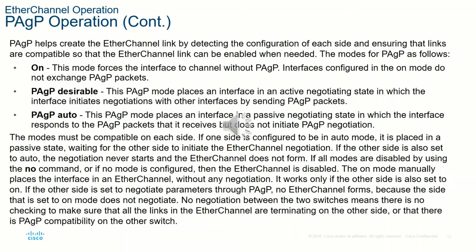This PAgP or LACP protocol allows the ports with similar characteristics or of similar types to form a channel through dynamic negotiation with the adjoining switches. I already said that it is also possible to configure a static or unconditional EtherChannel without PAgP or LACP.